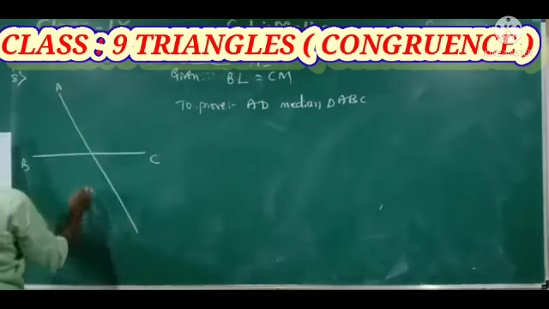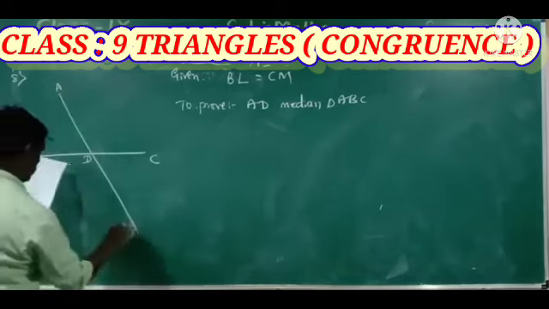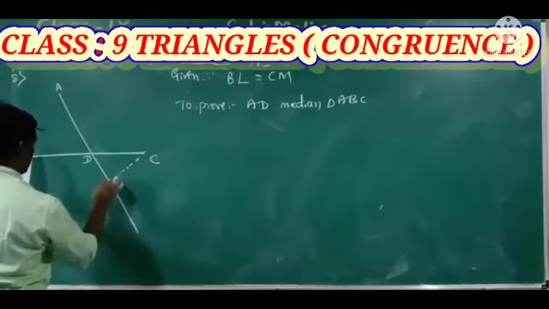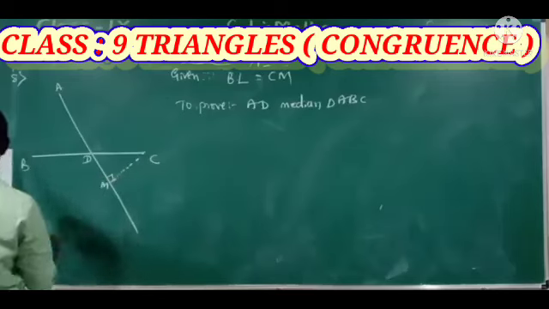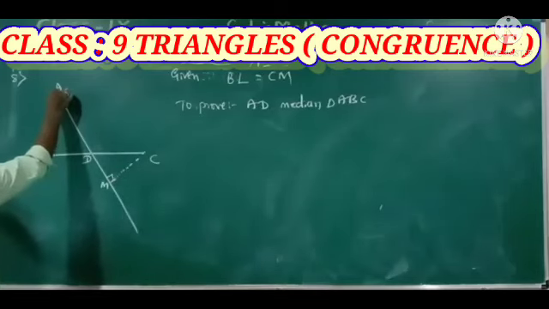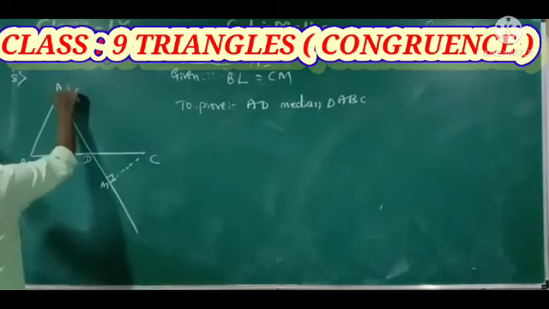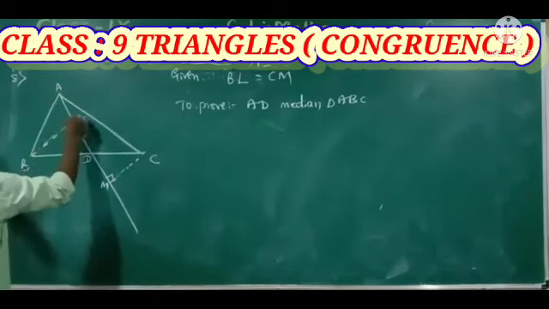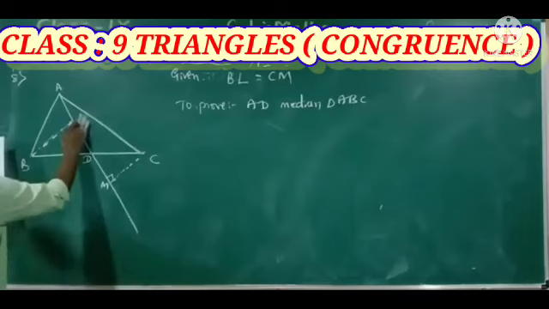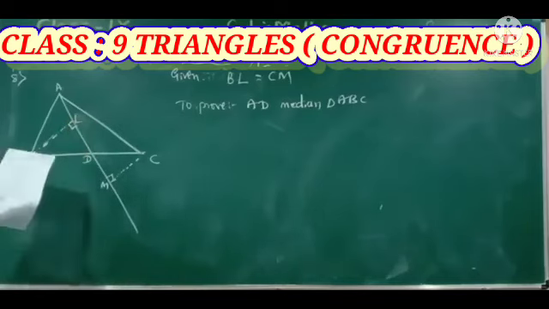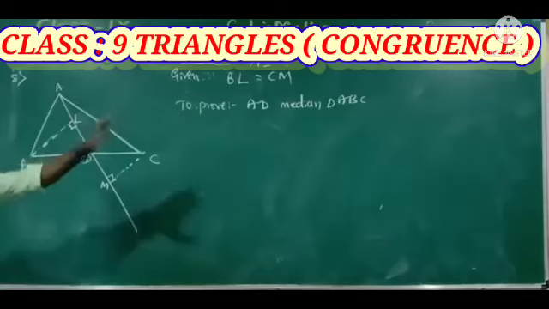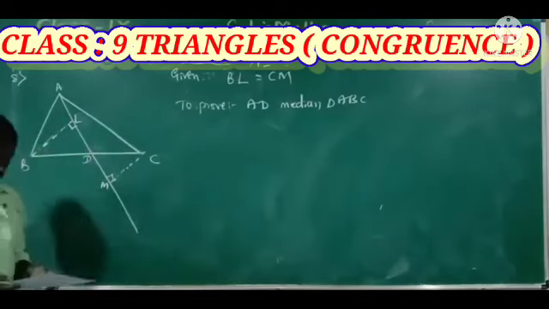This is point A and this one is point D. CM is perpendicular here also. BL is perpendicular, right? So this is the given diagram. From this diagram you need to prove that AD is the median of the triangle ABC, right?